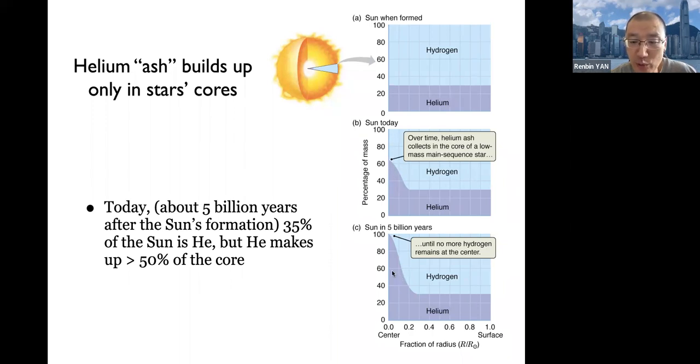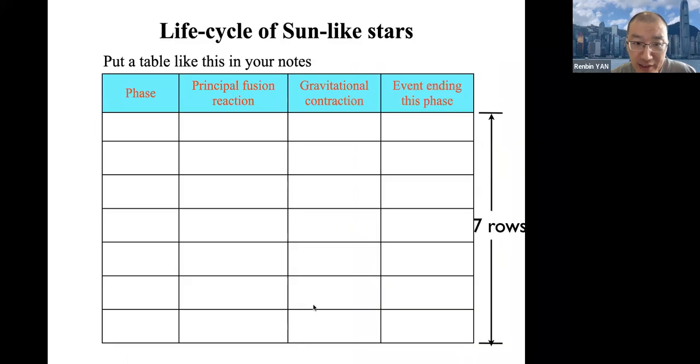The sun will go on for another 5 billion years until the center becomes completely dominated by helium. Today the helium already makes up 50%, and 5 billion years later it will make up 100% of the core. And when that is happening, something will evolve.